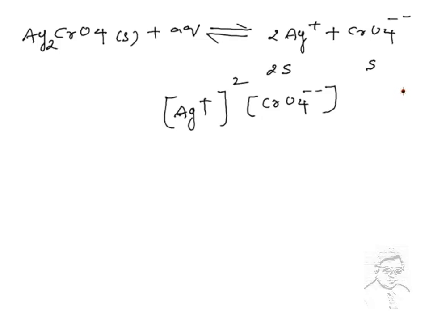And then you can tell whether the precipitation will occur, will not occur, or is just about to occur. So the Ksp concept helps us to predict the precipitation of some particular thing when you have the presence of ions in the solution.